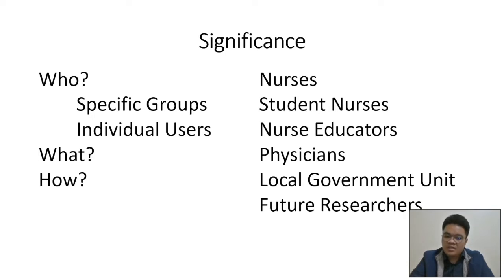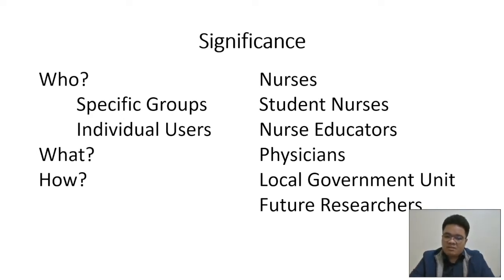Now, if you're able to answer already the who, let's say for example, the nurses, what will they benefit from your research? Oftentimes we would say they will have a basis for the formulation of a nursing care plan. Let's say, for example, your study is about the efficacy of using banana as prevention for decubitus ulcer.